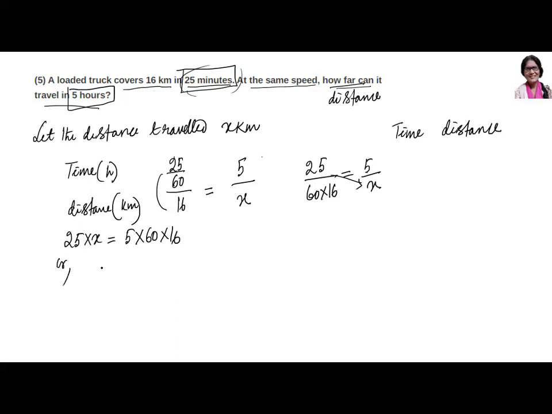Or X is equal to 5 multiplied by 60 multiplied by 16 upon 25. So 5 times 5 is 25. Then cancel 60 with 5, it will be 12. Now multiply 12 into 16.